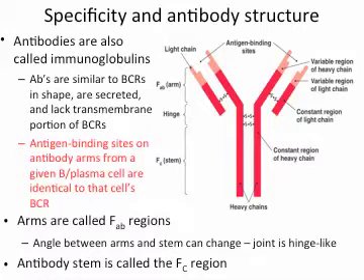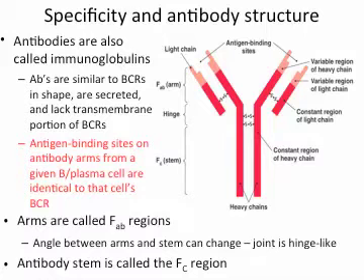Remember, B cells and T cells are the major cells of adaptive immunity, and I told you that B cells recognize specific antigens and epitopes with their B cell receptors, and T cells recognize specific epitopes with their T cell receptors. The B cell receptor is shaped just like the antibody that B cell would secrete, and the stem part of the B cell receptor would be embedded in the plasma membrane of the B cell.